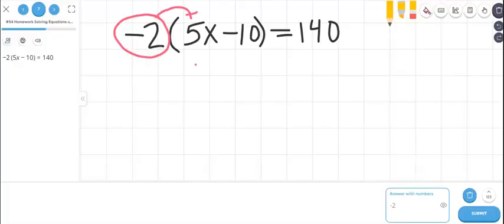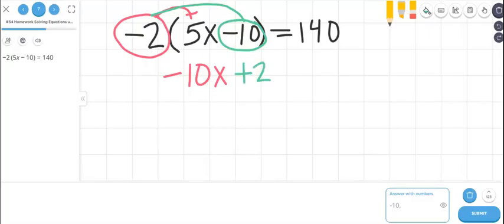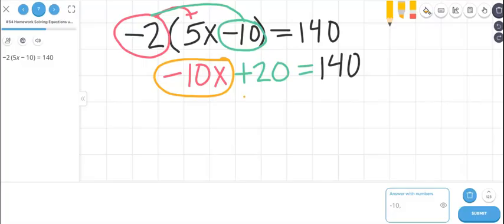Alright, so negative 2 times 5x is negative 10x. Then we got to multiply this negative 2 times negative 10. Two negatives make a positive 20 equals 140. So now we get this all by itself. So I go minus 20, minus 20.